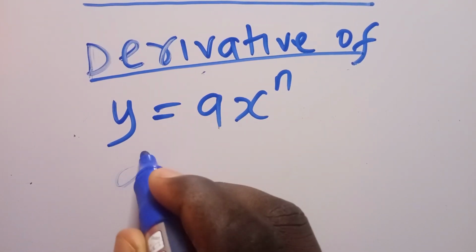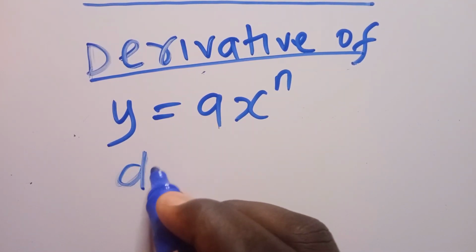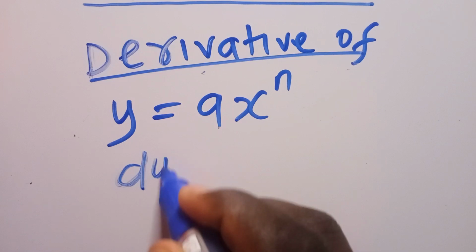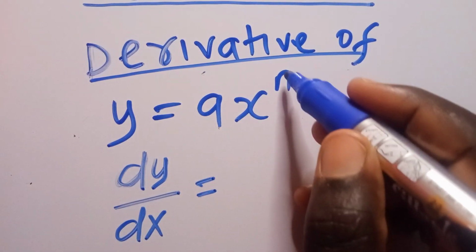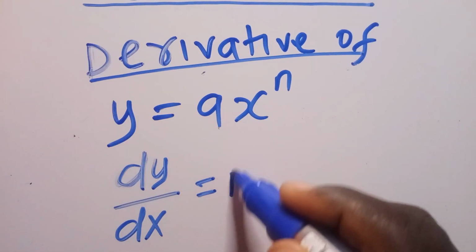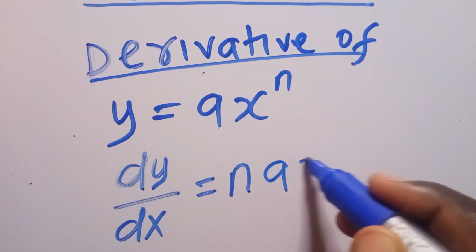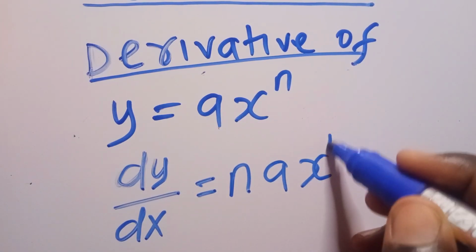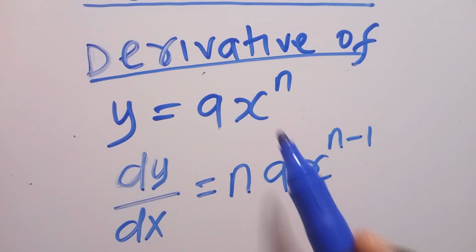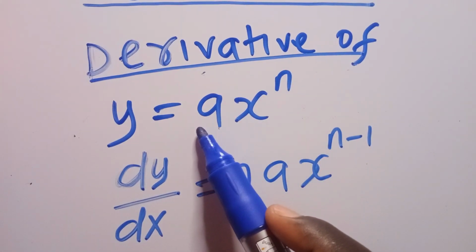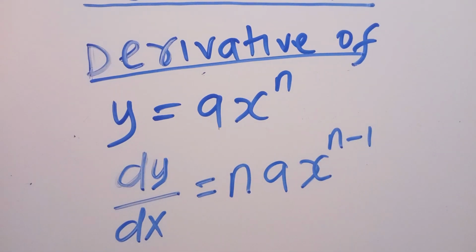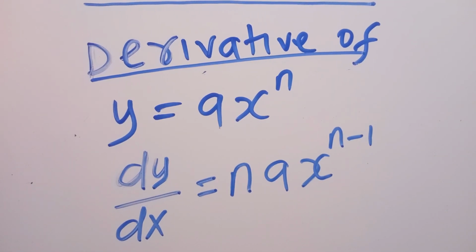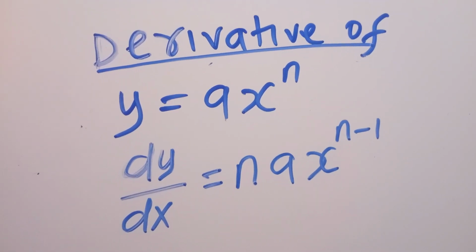In differentiating this, dy over dx equals, we bring this power down here, that is n, times ax raised to n minus 1. We bring the power down and multiply with the whole function, but we reduce the power by 1. That is how you can find the derivative of this function.